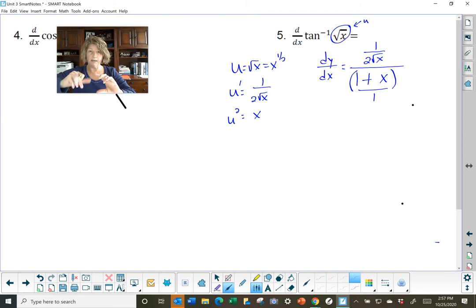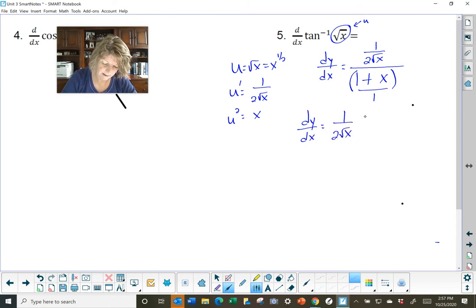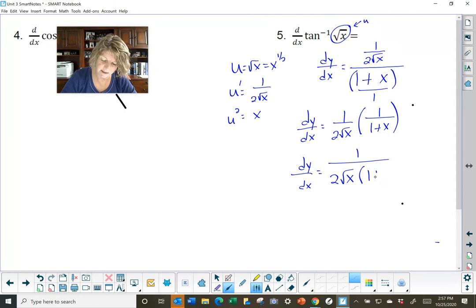So I'm going to multiply by the reciprocal of that denominator. dy dx equals 1 over 2 square root x times 1 over 1 plus x gets me dy dx equals 1 over 2 root x, parenthesis necessary, 1 plus x, quantity.